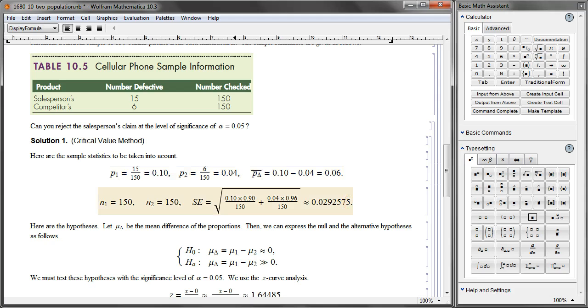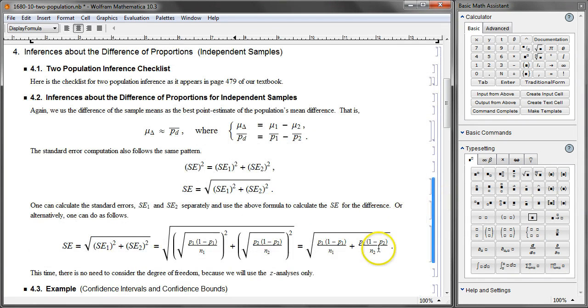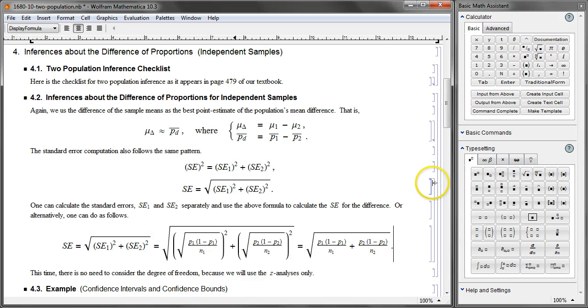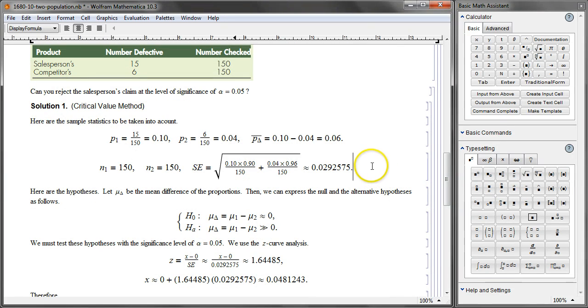Well, here I decided to use a formula. Instead of calculating SE1 and SE2 separately, I just used the final formula here. That's okay too, that's actually a shortcut. And run your calculator, and then you end up with 0.029 something. That's going to be the denominator.